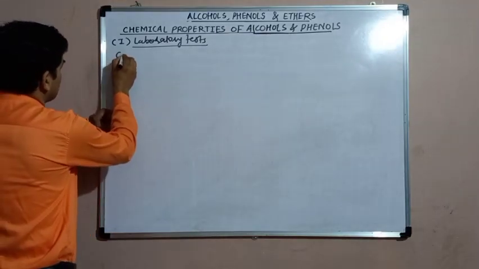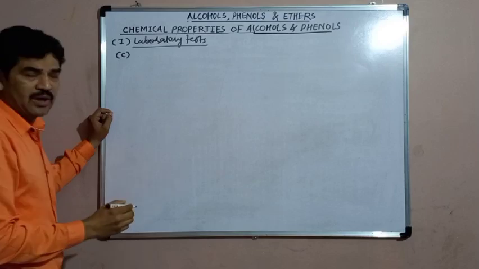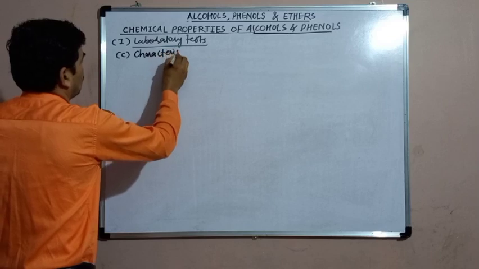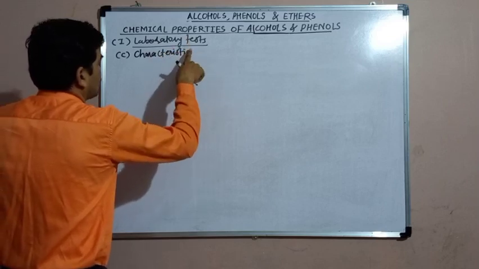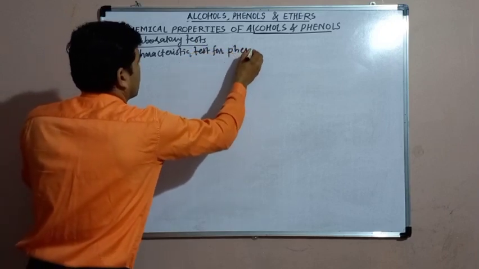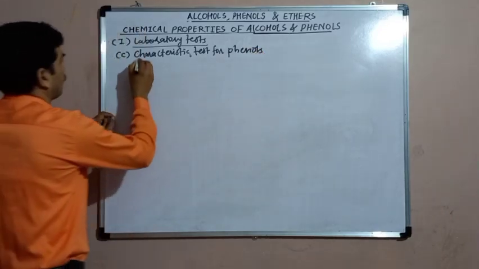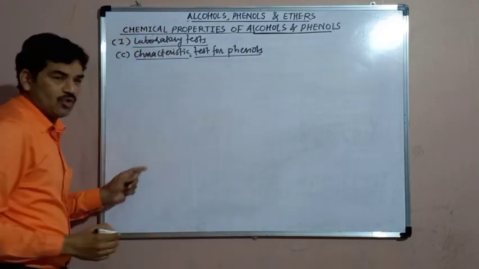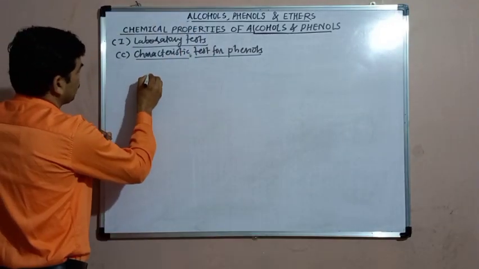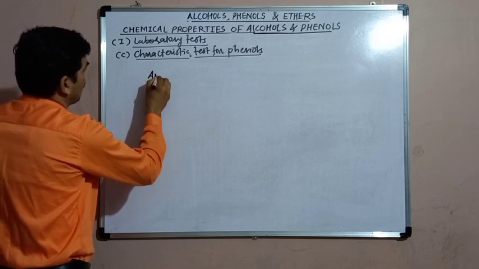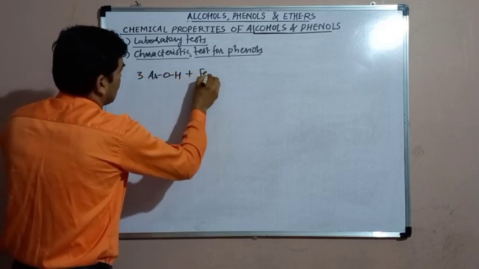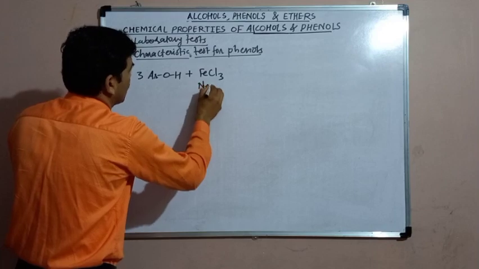The next laboratory test is the characteristic test for phenols. Phenols are identified by a characteristic test in which this phenol is reacted with neutral ferric chloride solution.